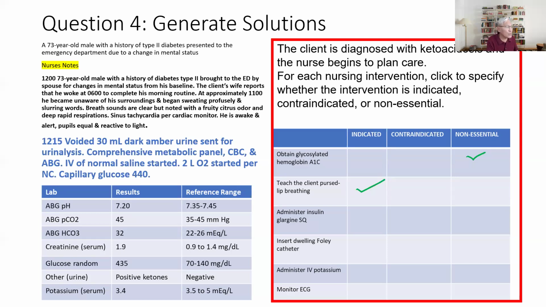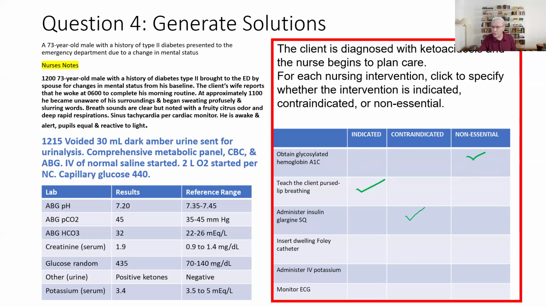All right? So this would be contraindicated. We are not going to have this. So administration of insulin glargine is going to be contraindicated.